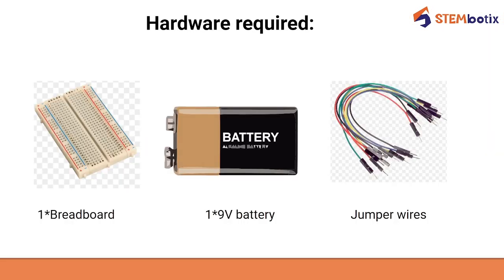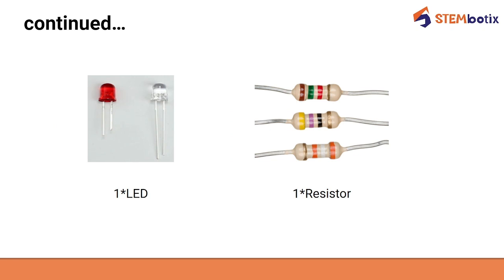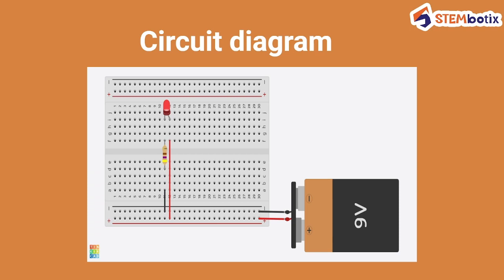To build this particular circuit, you would require a breadboard, a 9-volt battery, some jumper wires, an LED, and one resistor. This is the circuit diagram, showing how it looks after the completion of connections.